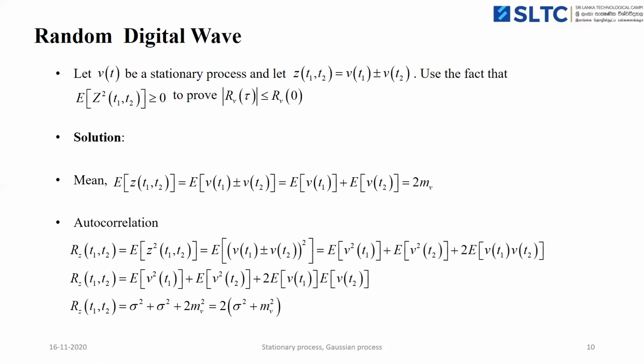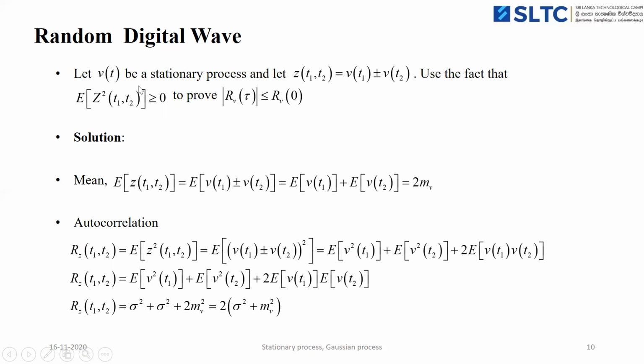And one more example: instead of only one random process, now consider two random processes added together. It is modeled as Z of t1, t2, observing the process at times t1 and t2, as one random process, Z equal to V of t1 plus or minus V of t2.